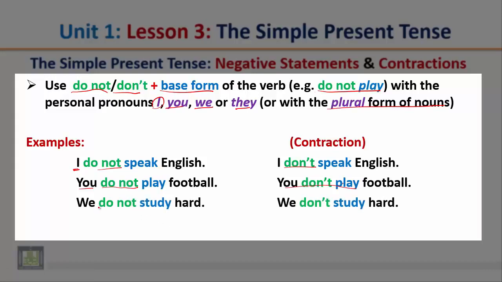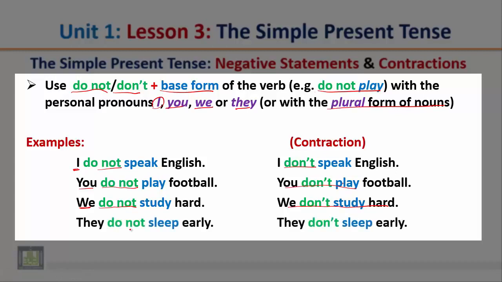Again here also we use do not after the subject we, and the contracted form is we don't study hard. Another example, they do not sleep early. Again, notice here we use do not after the pronoun they and the contracted form they don't sleep early.